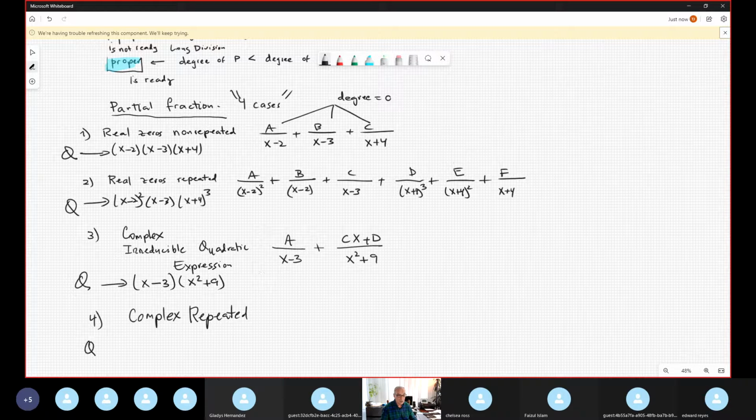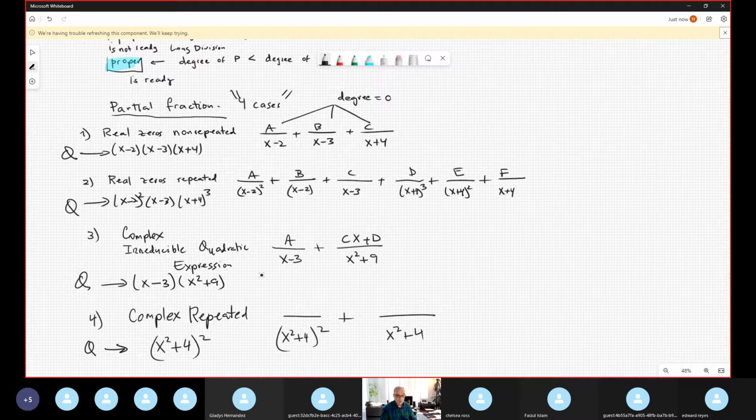It's a Q. And now the Q, suppose that we have x squared plus 4, squared. Wow. So we have complex again, but squared, multiplicity 2. So now you separate into, the first one is x squared plus 4, and the second is x squared plus 4 squared.